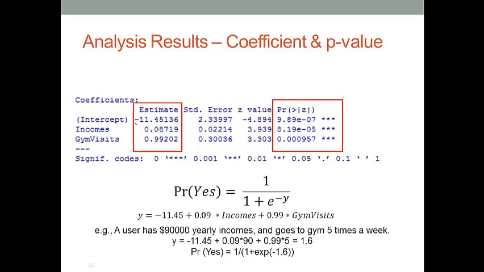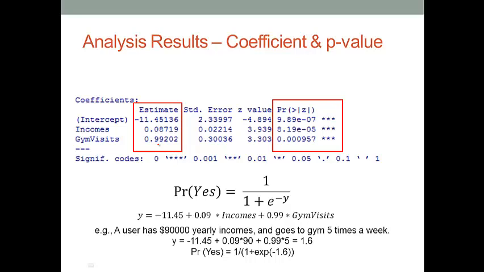Y equals to -11.45 plus 0.09, I round the number to 0.09, times incomes plus 0.99 times gym visits. This is how you calculate y value for this case.